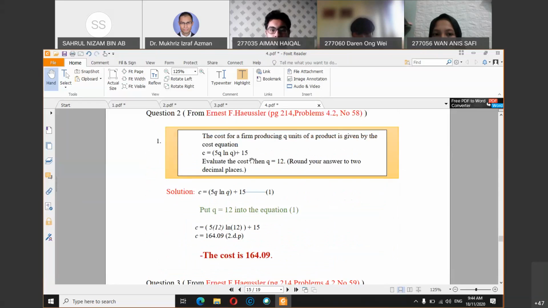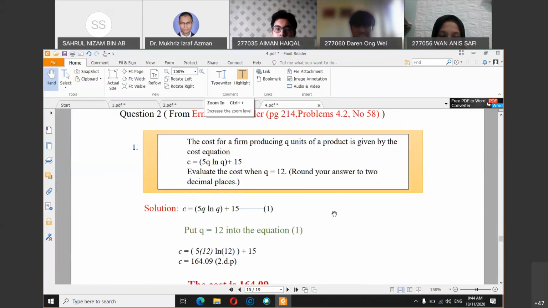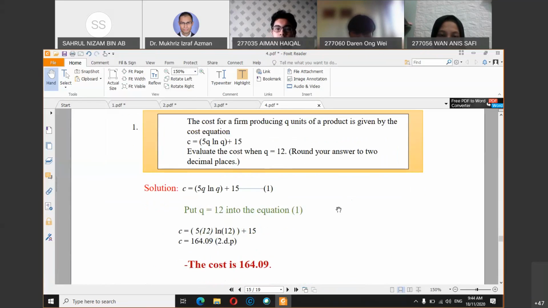Okay, just one last example here. Question number 2. Darren? Yes. Okay. So the question is asking: what is the cost for a firm to produce Q units, given that C equals 5Q ln Q plus 15, and given that Q equals 12.